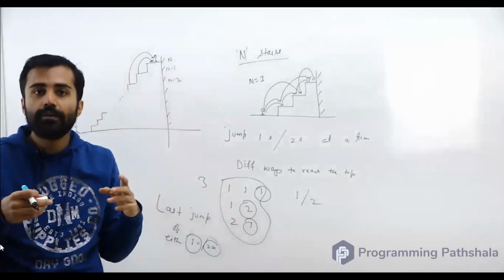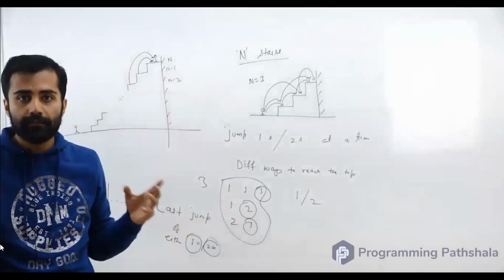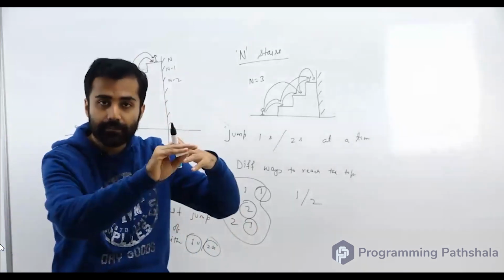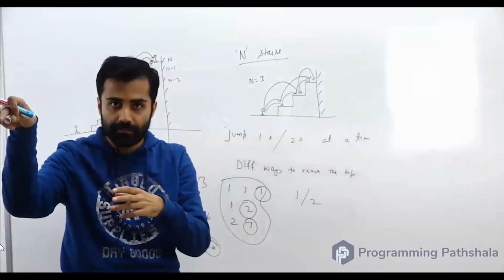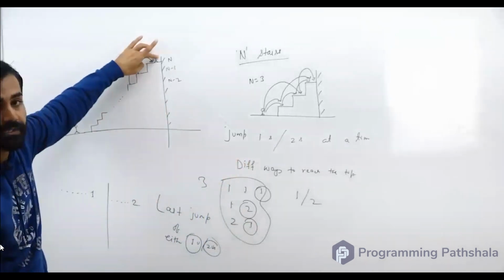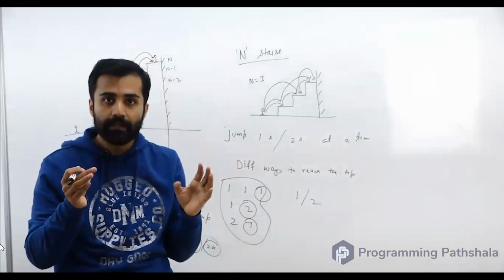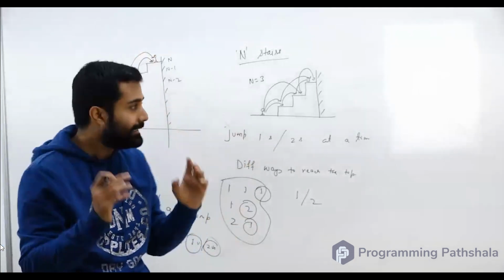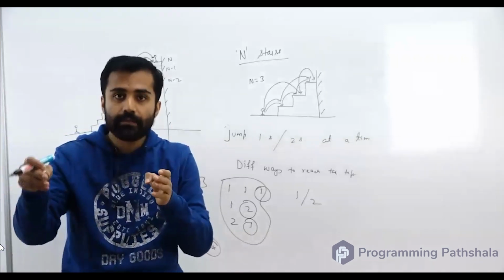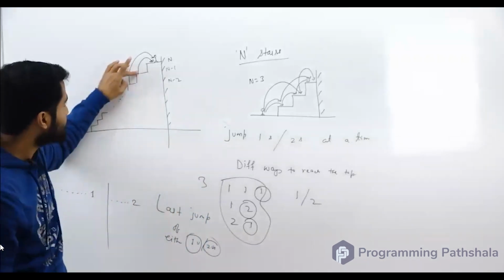Because out of all the ways in which this boy can reach here, all those ways can be appended with a 2-unit jump, and that will lead the boy to this location. Similarly, out of all the ways that lead the boy to this stair, if I append those ways with a 1-unit jump, that will take this boy here.